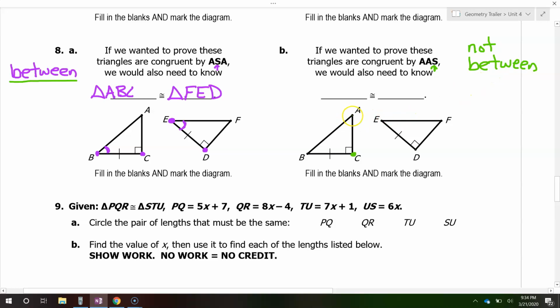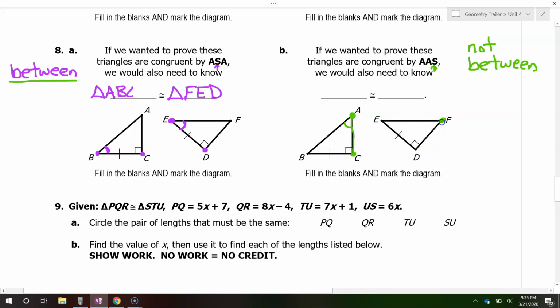So if I pick angle A, for example, this is the side between the two angles now. And the marked side is not between. So this is good. Now again, on the other triangle, I need to pick another angle.